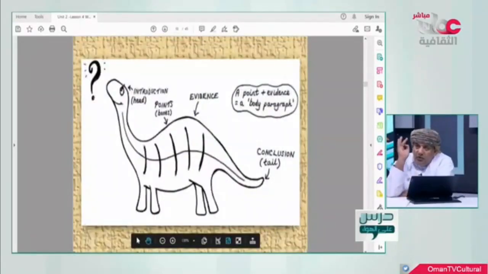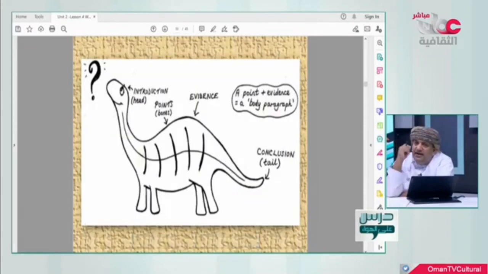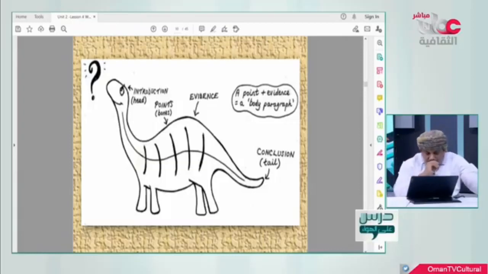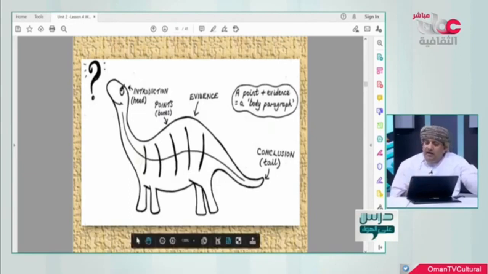So your essay should look like the dinosaur. Do you know the dinosaur? Yes, the dinosaur. We have 3 parts for the dinosaur. Here we have the introduction, and here we have the main body, and here we have the conclusion.